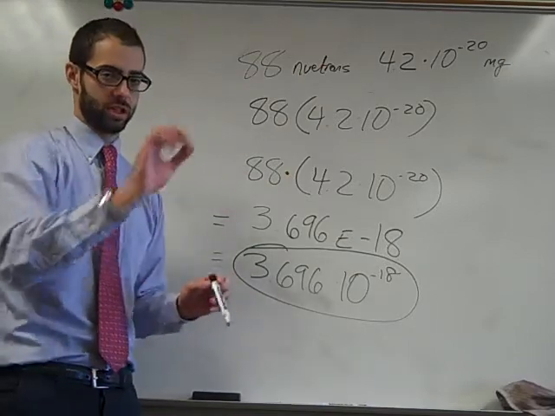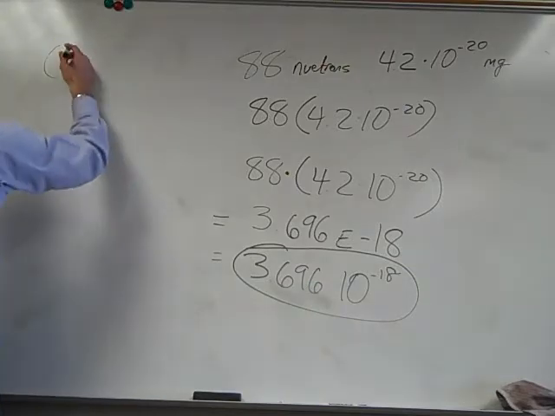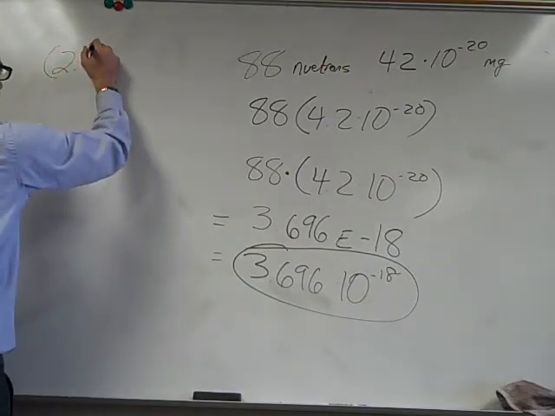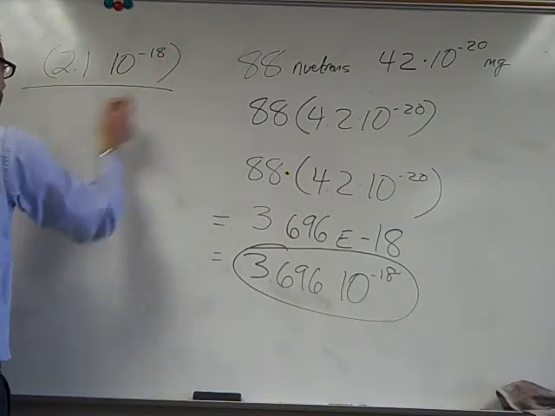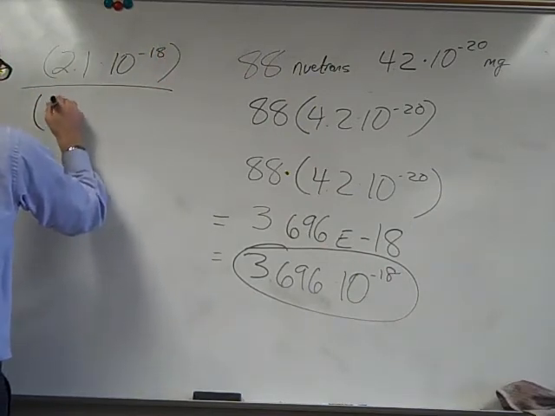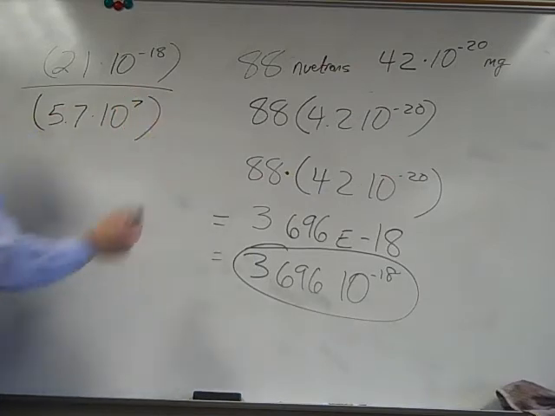Now, just to clarify one more thing, if I gave you a problem like 2.1 times 10 to the negative 18 over 5.7 times 10 to the 7th, how would you solve that in your calculator?